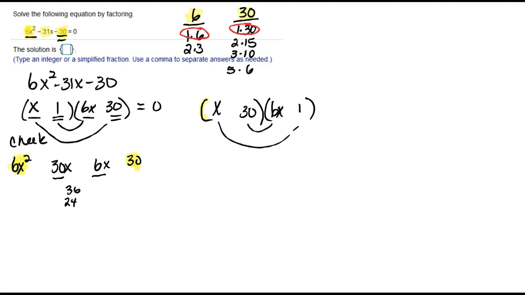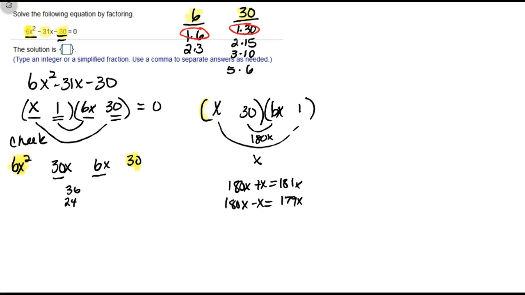So if we do the outside, we get x. If we do the inside, we get 180x. 180x plus x is 181. 180x minus x is 179. Those are both wrong.